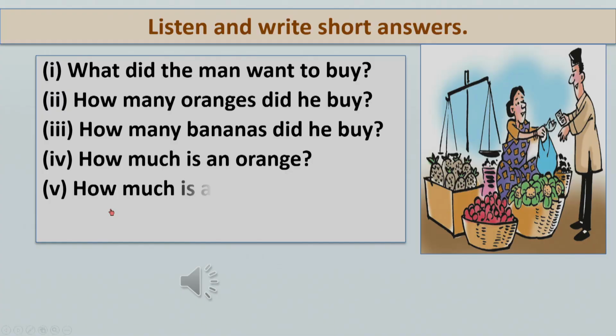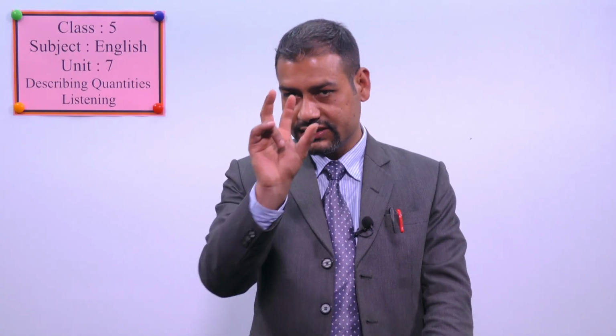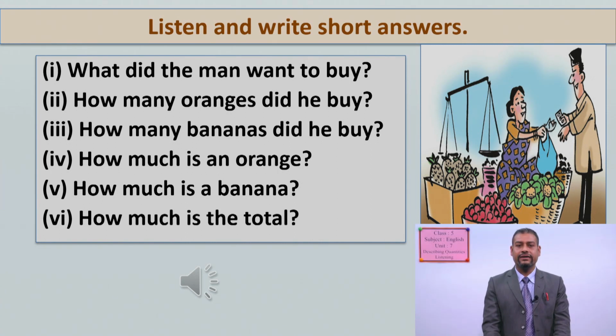Another question is, how much is a banana? You have to find out the price for a single banana. In question number 4, it is a single orange, and in question number 5, a single banana. And the last question is, how much is the total? Finally, you have to find out the total amount the customer has to pay to the shopkeeper.